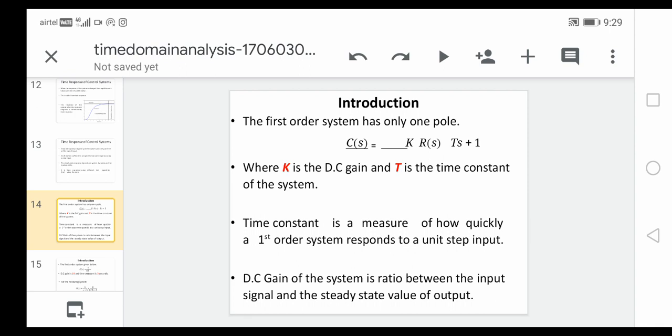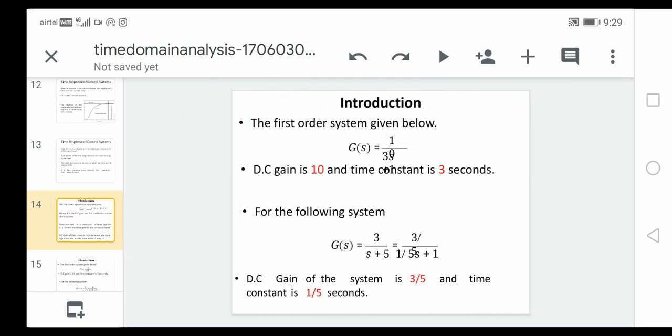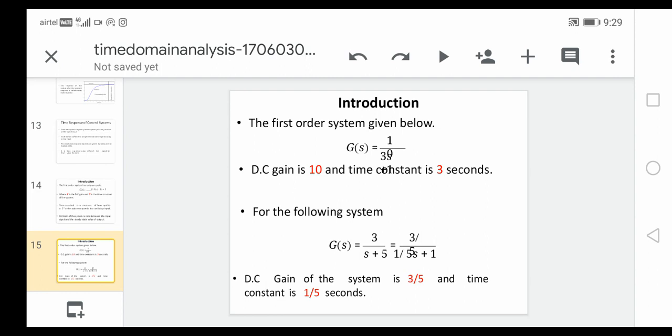How do you know whether it is a first order system or not? Always the order of the power of s tells whether it is first order or second order. Here the power of s is 1, so it is first order.